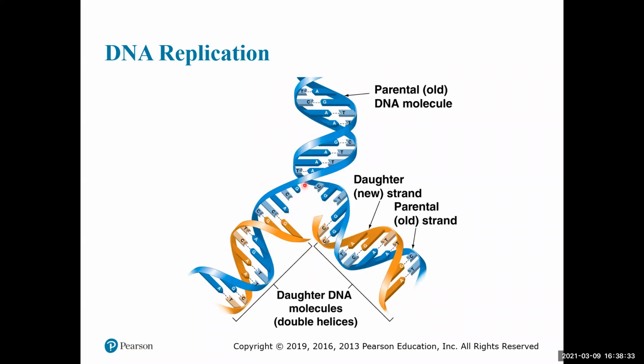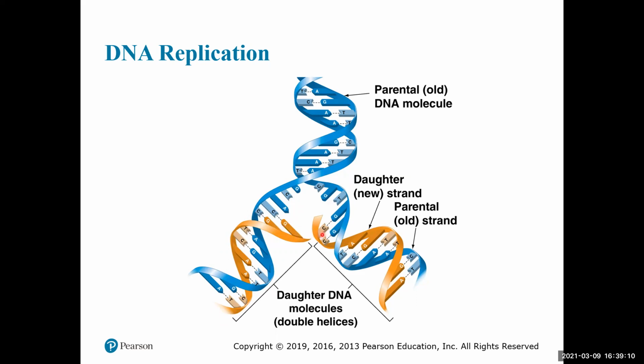And when it separates those hydrogen bonds, you can now use each parent strand as a template to build a new daughter strand. And this process is called semi-conservative replication, because whenever you get your finished product, the daughter DNA, one half of that molecule is the old parent strand, and the other half is the new daughter strand. Again, this is what's known as semi-conservative replication.